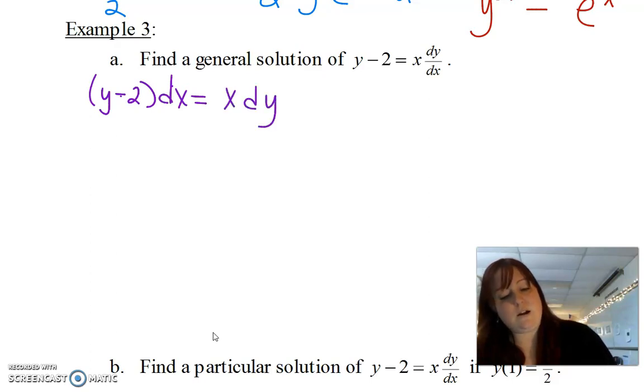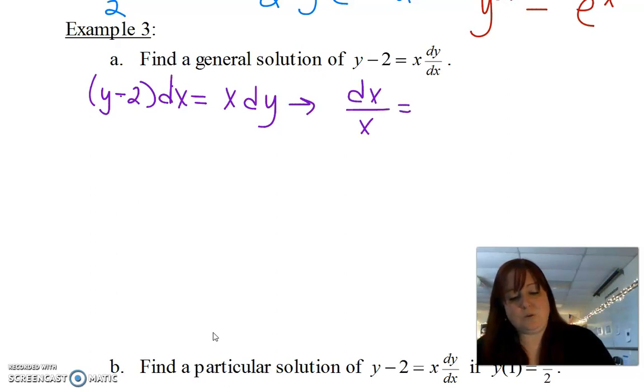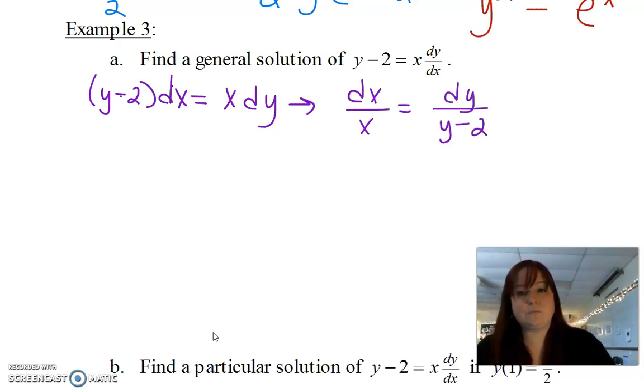Then we're going to divide by x on one side and divide by y minus 2 on the other side. We're going to end up with, and notice I'm writing an arrow, not an equals, because we don't want this run-on equals, dx over x equals dy over y minus 2.